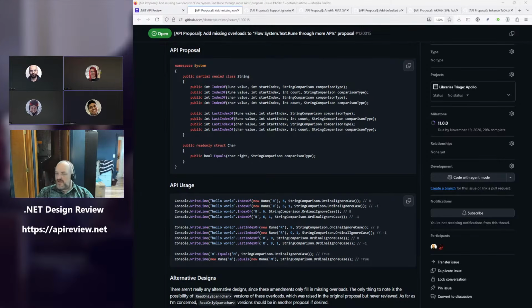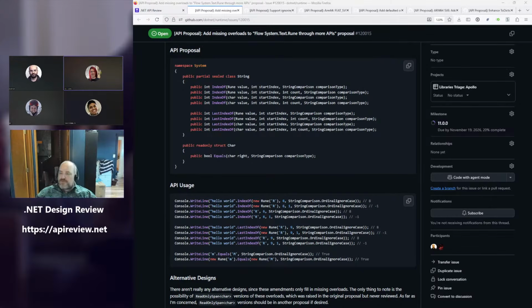So a question that's related, which was also on the original 27912 proposal, which we reviewed and approved like 6 years ago and got merged 4 days ago, was: do we need overloads for these on memory extensions for span?